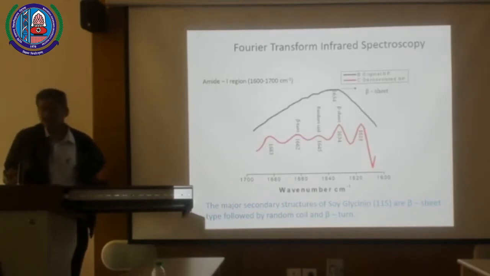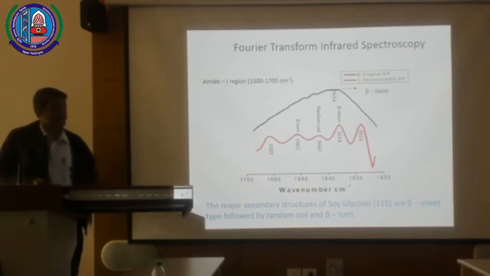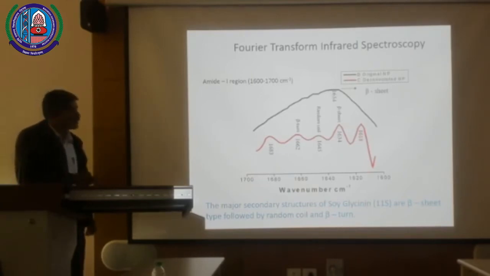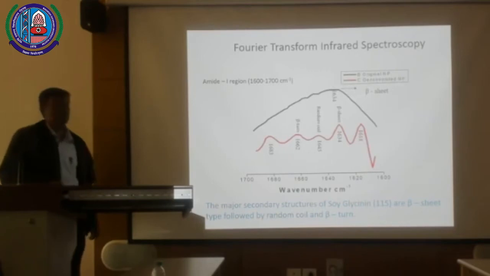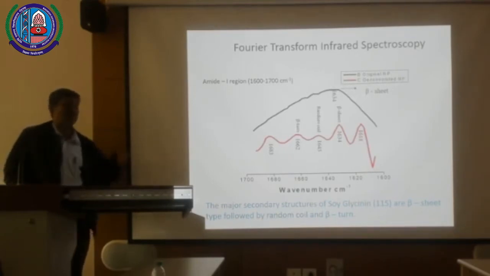If you take a denatured protein, it may be antiparallel beta sheet, or it may be completely denatured, a random coil. So the first graph shows the peak here, 1634, corresponding to beta sheet type structure. So the protein is predominantly beta sheet here.